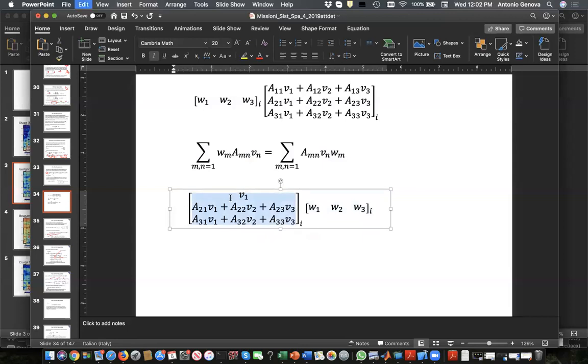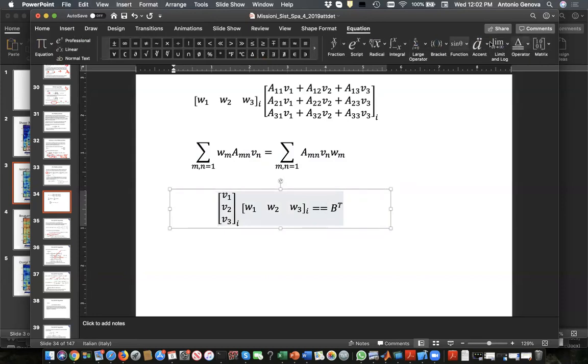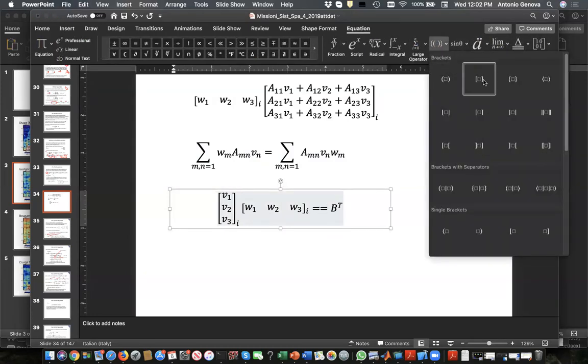V1, V2, and V3. This one is equal to a matrix that I'm going to write. It is called B transpose. This matrix is very simple to write, but very long to type.